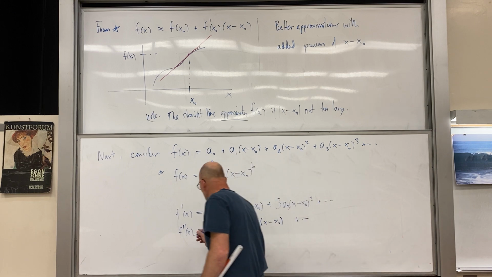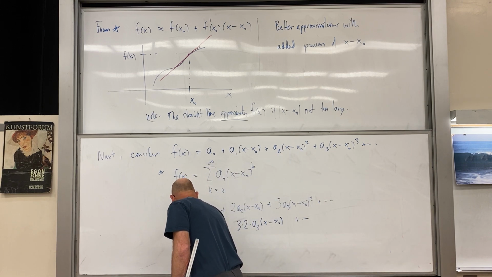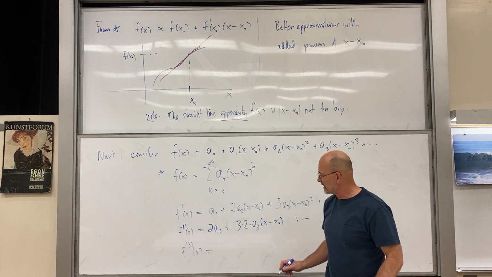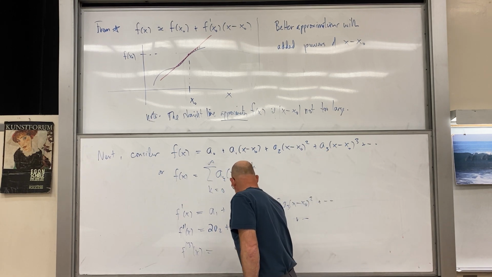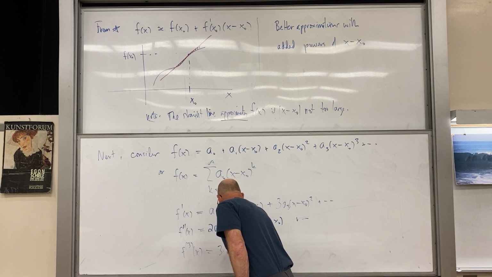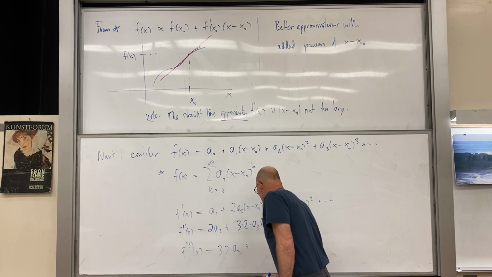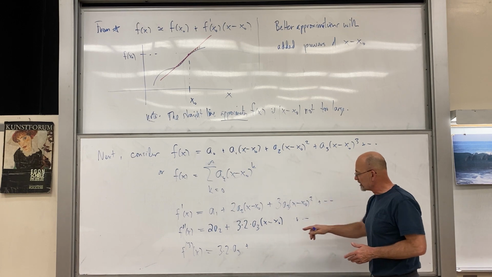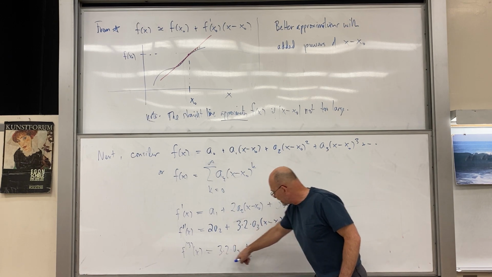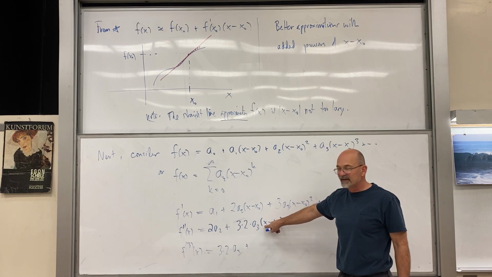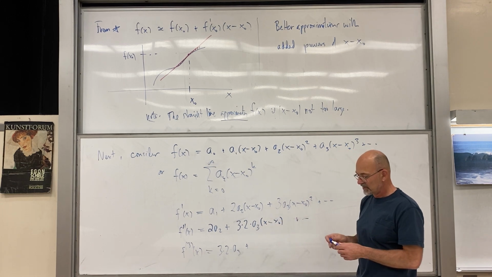And the third derivative, because the pattern you'll now get just with simple induction. You're going to get rid of this one, you're going to have 3 times 2 times a sub 3 plus higher order powers. You're always going to have this constant, and then the next term will be linear in x minus x0 and so forth.